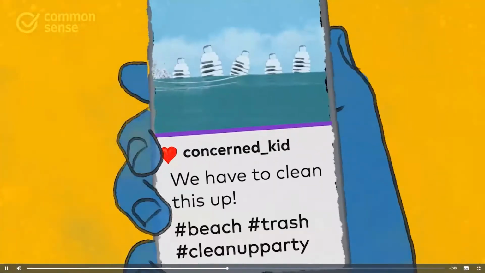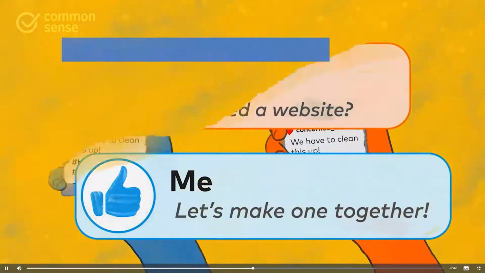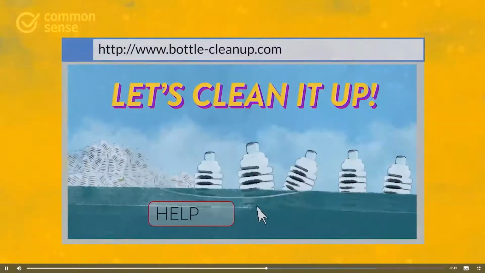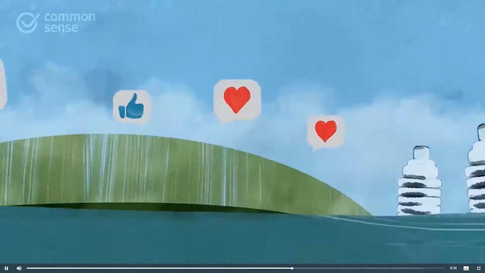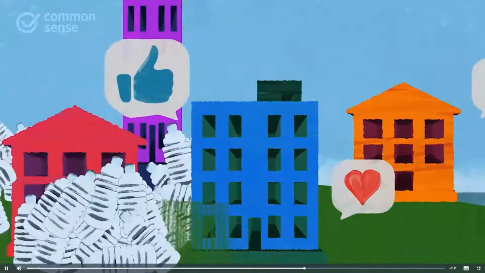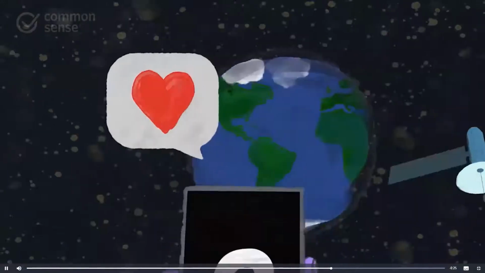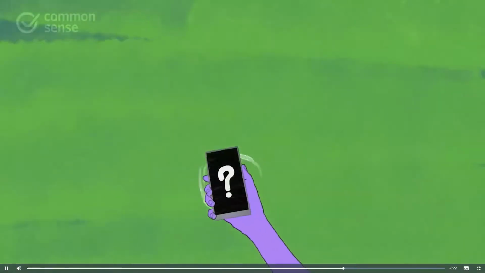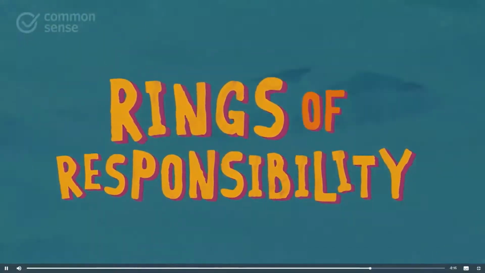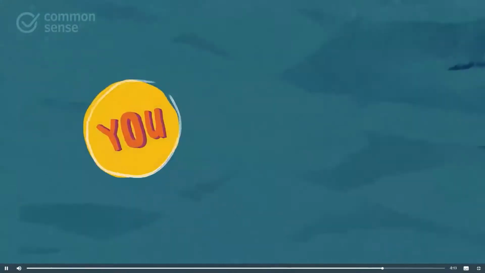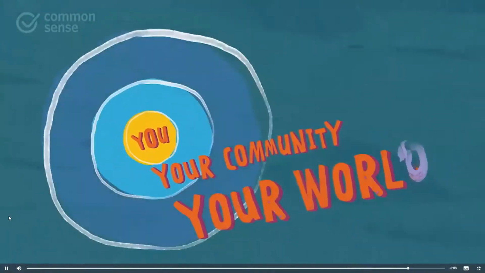What we say online, what we share online, and what we create online doesn't just affect our lives, but the lives of our families, friends, community, and people all around the world. That's why it's so important to think before we act. Use the rings of responsibility as your guide. Always be responsible to yourself, to your community, and to your world.